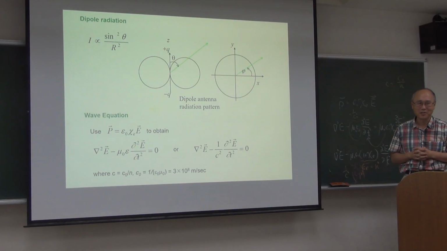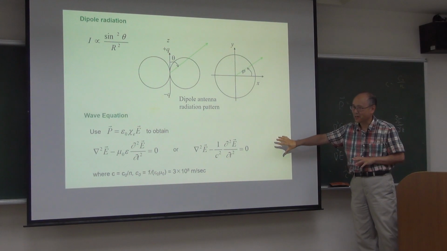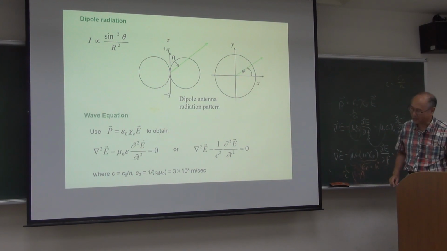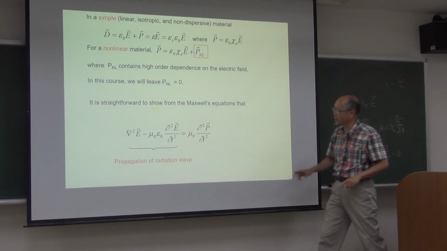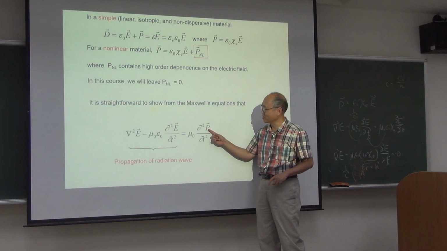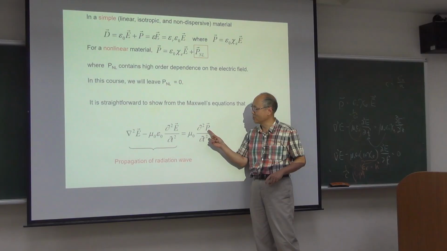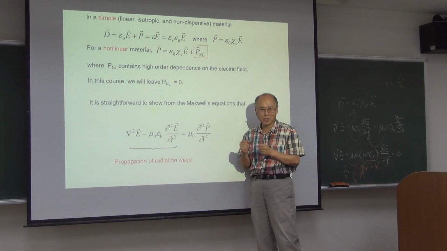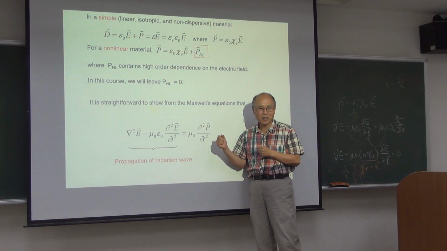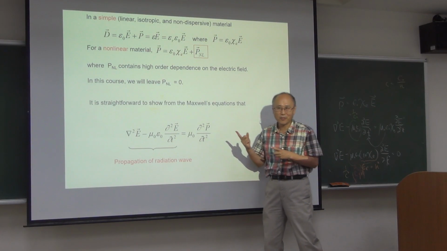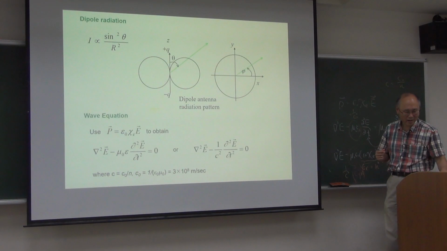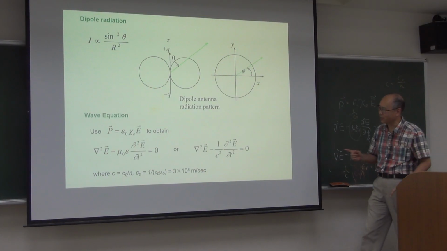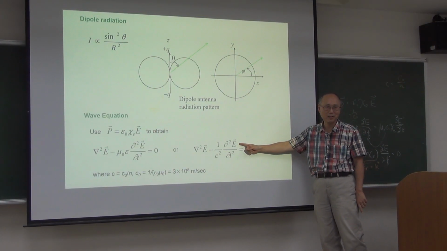So if I go back to this, I'd like to have the physical picture. If I come back here, it tells you that the radiation is generated by this dipole oscillation inside a material. But in fact, if you write it like this, you sort of combine the radiation generation process into the propagation process.